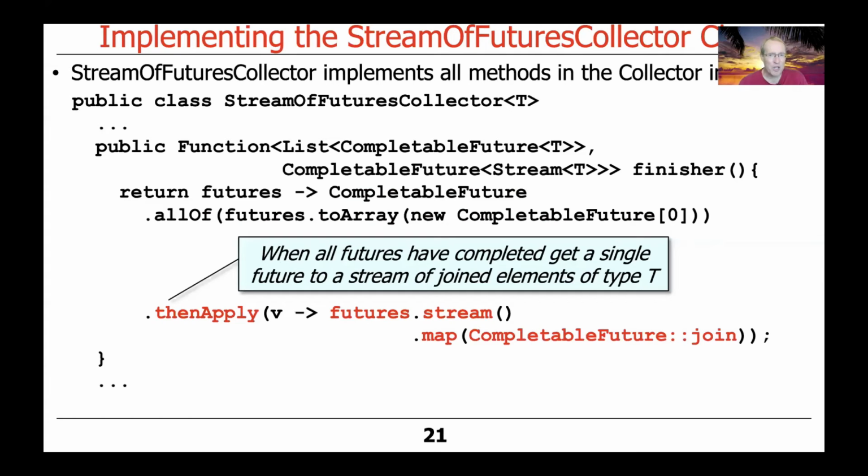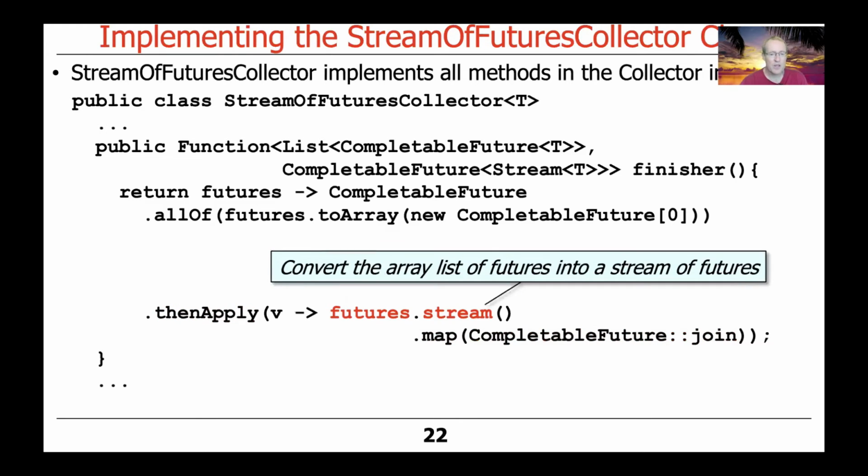When that particular completable future triggers, in other words, when all the computations are done, then the thenApply completion stage method is called, and that's going to go ahead and take the list of futures, turn it into a stream, and then join all the results. So futures.stream converts the list of completable futures into a stream of futures.